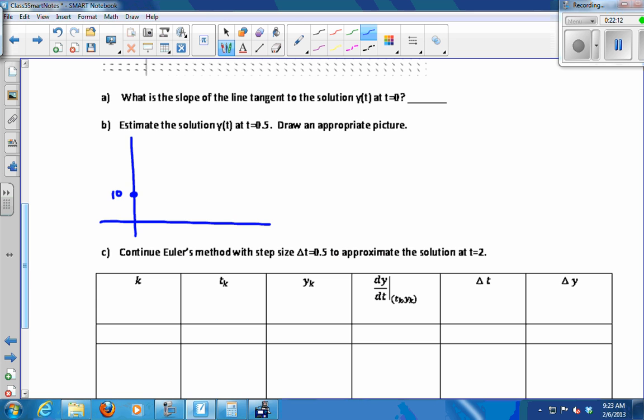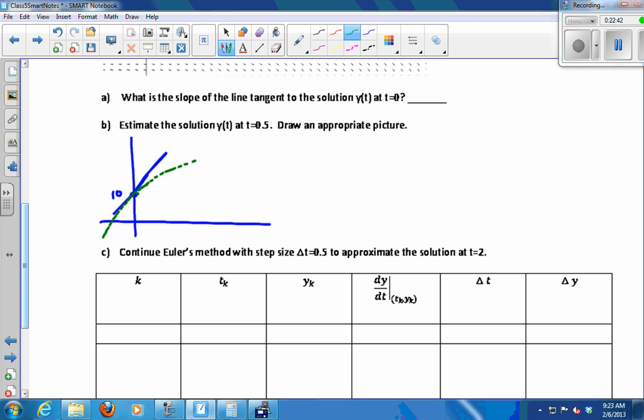So I'm going to draw a steep tangent line here with slope 8. Okay, so then I'm going to use that tangent line because my curve might look something like this. That's a bad picture. Right, my curve, I have no idea what it looks like, but I know that this blue line is tangent to it.